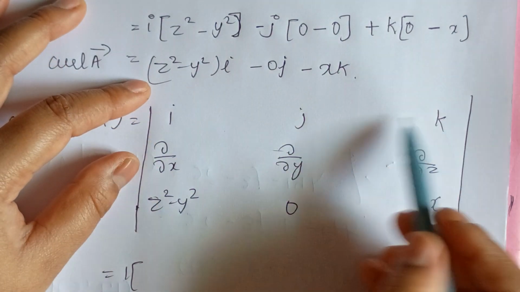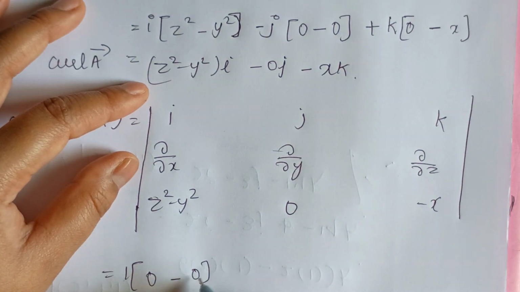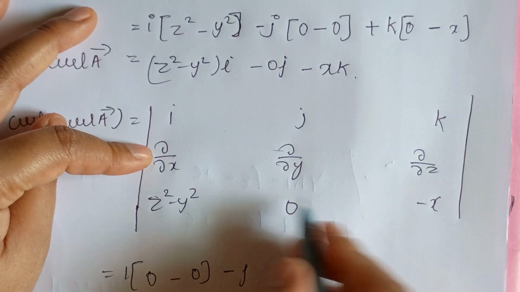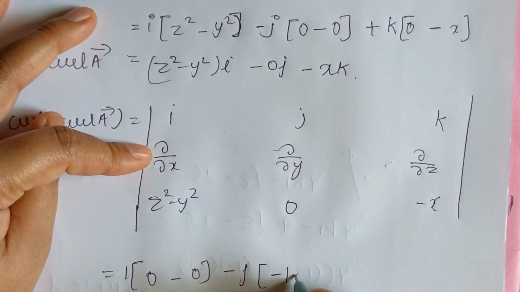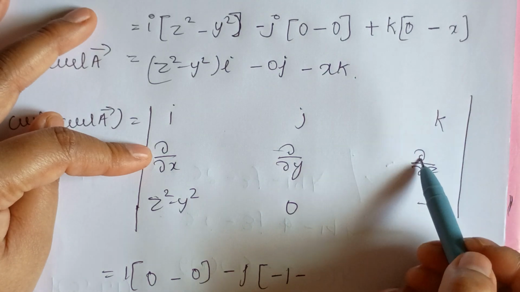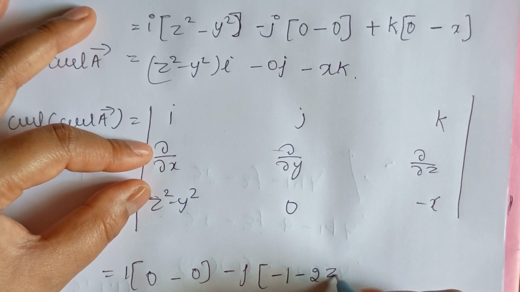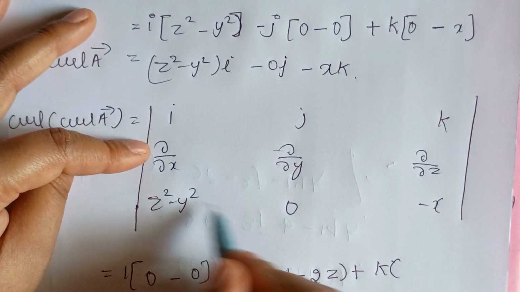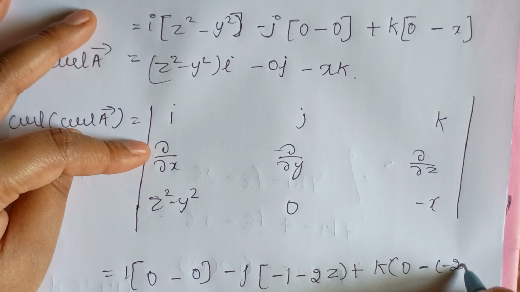So differentiating partially with respect to y, 0, minus j, leave this column, leave this row. So this is going to be differentiate partially with respect to x, so this is going to be minus 1, minus differentiate partially with respect to z, 2z. Okay, plus k. So now 0 minus 2y.